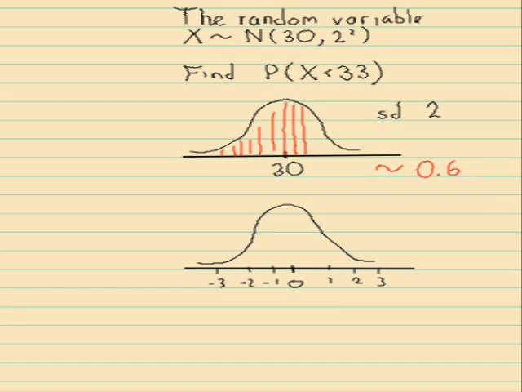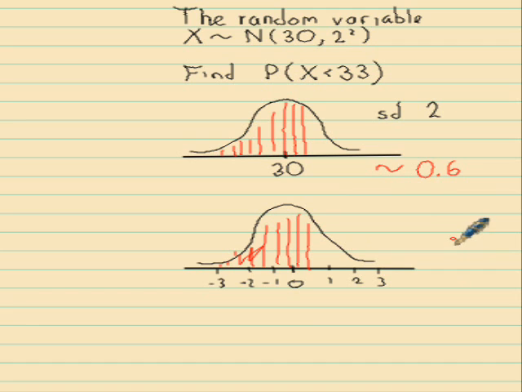And so this corresponds with this. I know that it should be similarly here. This is going to represent this area on our Z distribution, which is the standard distribution.